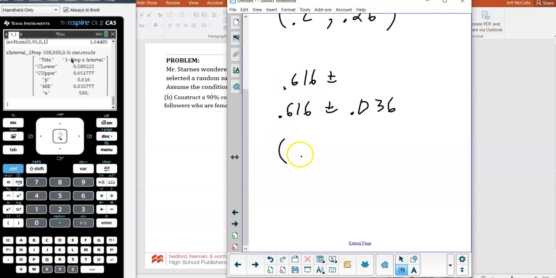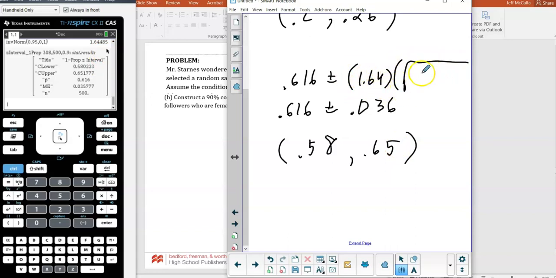Right? We know the lower bound is 0.58, the upper bound is 0.65. Working backwards, the critical value we just got a second ago was 1.64. Square root of p hat q hat over n, so it'd be 0.616 times 0.384. You can use your calculator if you need to for that, 1 minus that, and then over n, which is, I think it was 500.